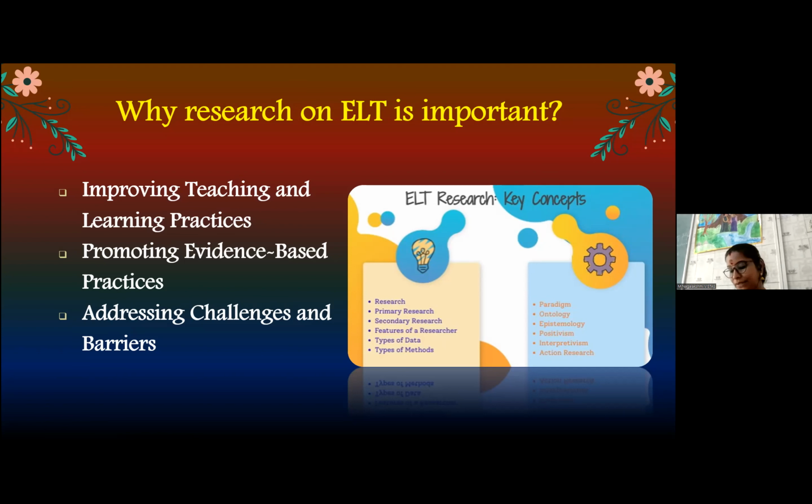So when we conduct educational research on ELT, English language teaching, researchers usually address the challenges and barriers. What difficulties do learners find while learning this language, or what barriers do they find?